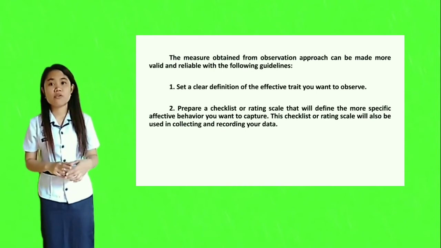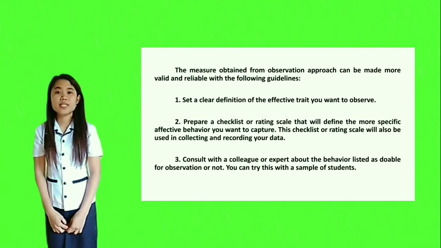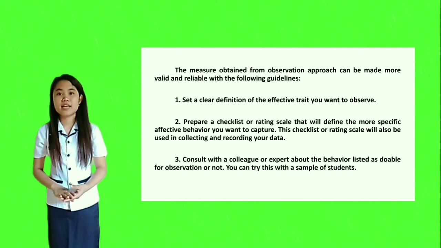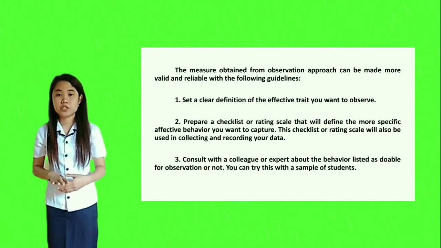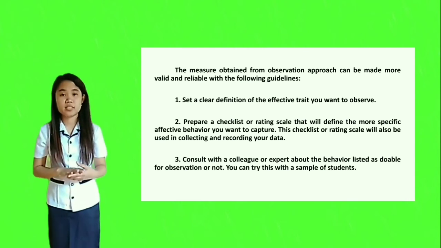This checklist or rating scale will also be used in collecting and recording your data. Third, consult with a colleague or expert about whether the behavior listed is doable for observation or not. You can try this with a sample of students.